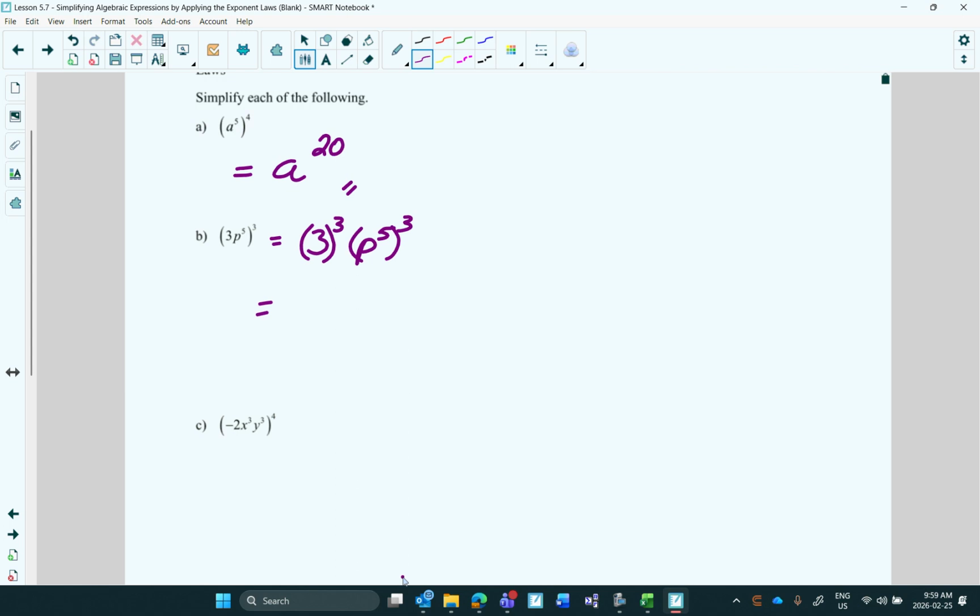What is 3 to the third? 27. And now use your exponent law. P to the 15. Power to a power, multiply.